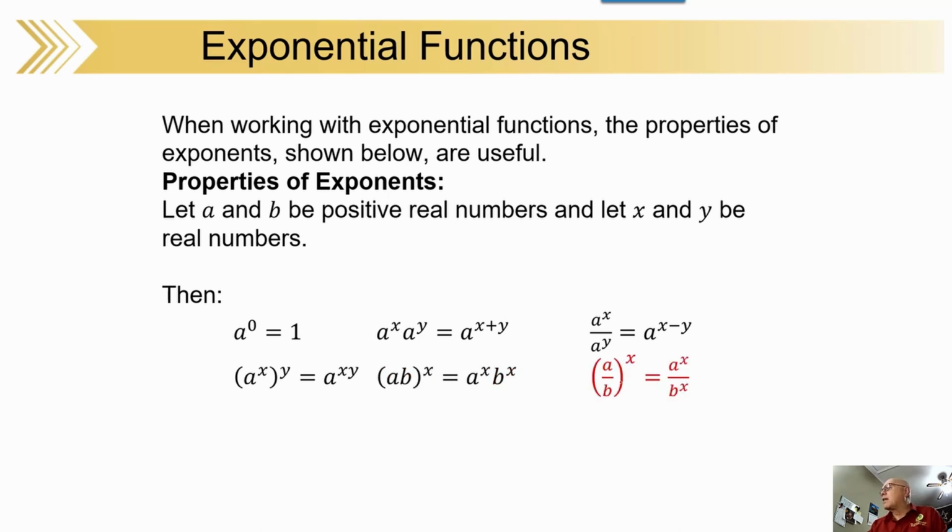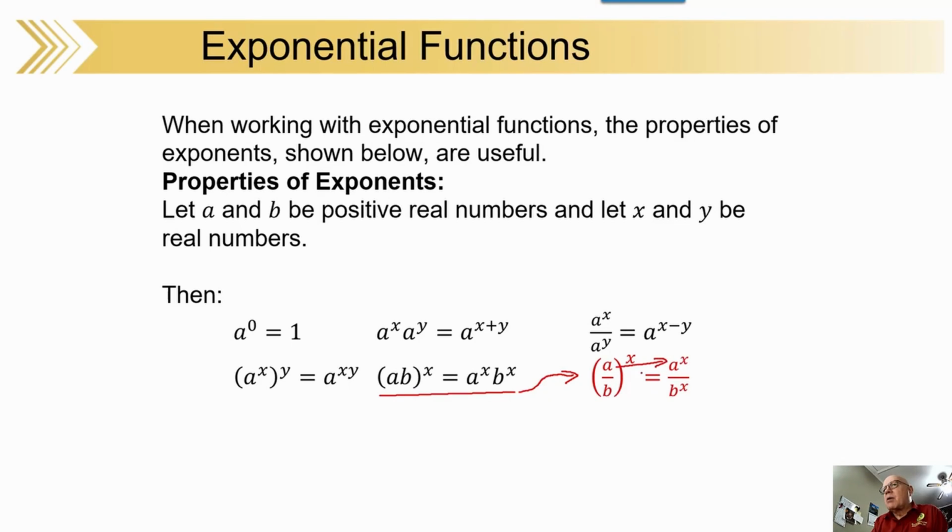And last of all, I think in this group, no it isn't, it's next to last. This former one, the preceding one, is very much like that one. If you've got a quotient inside the parentheses, then each one of these bases gets the exponent.